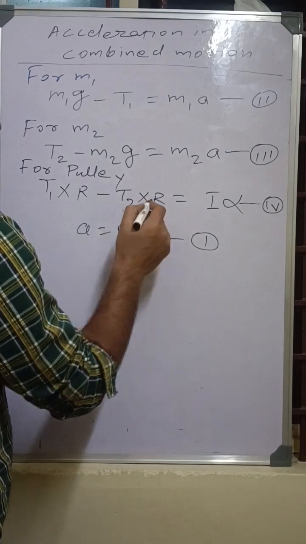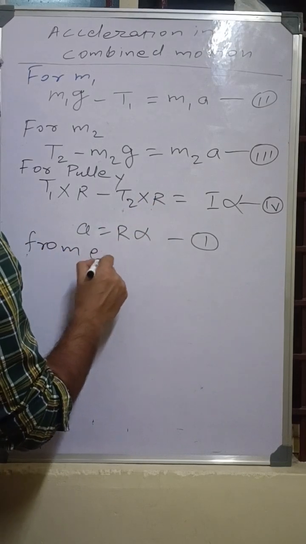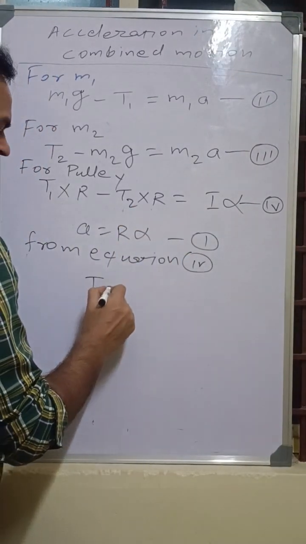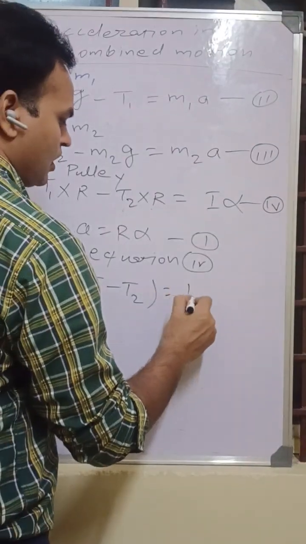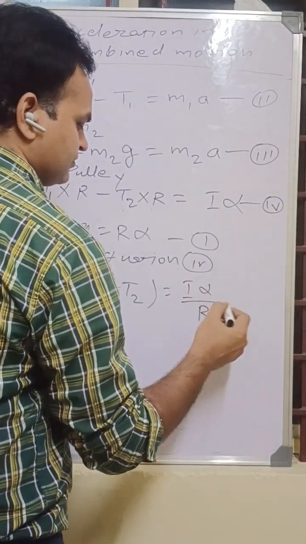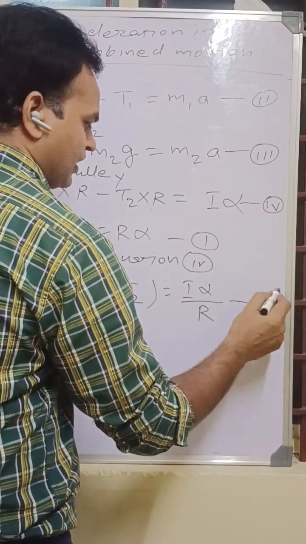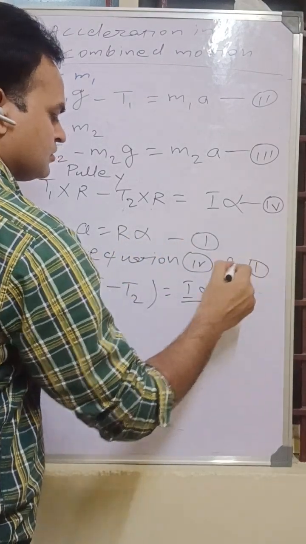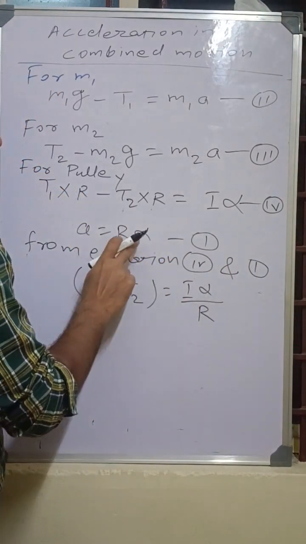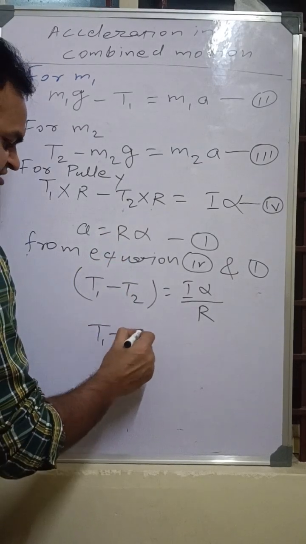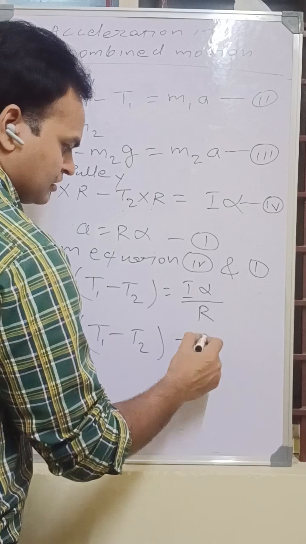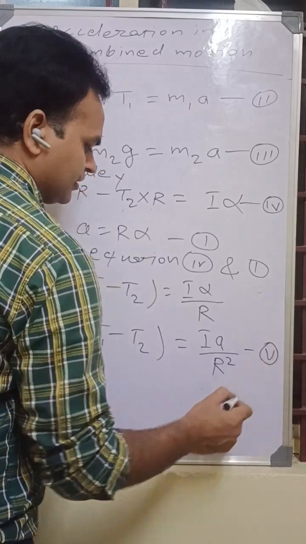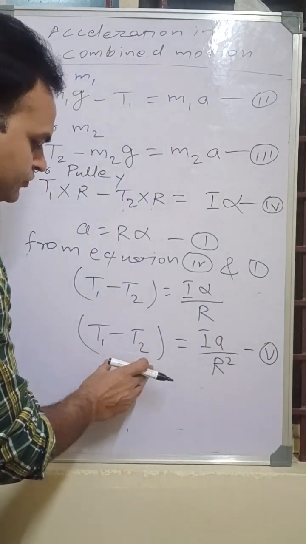From equation 4, T1 minus T2 equals I alpha by R, and from equation 1 we can put the value of alpha as A by R. So T1 minus T2 equals I A by R squared. This will be equation 5.